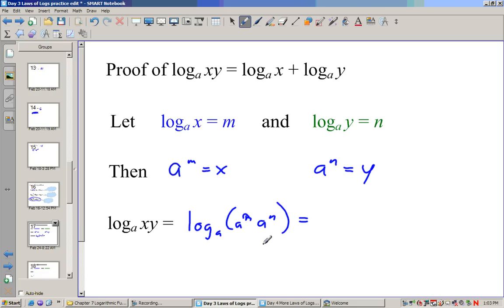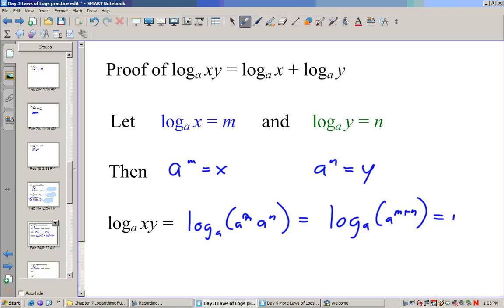Now from here, what we can do is we can add these two together. So we can say this is log base a of a to the m plus n. Now, log base a of a to the m plus n: a to which power is a to the m plus n?